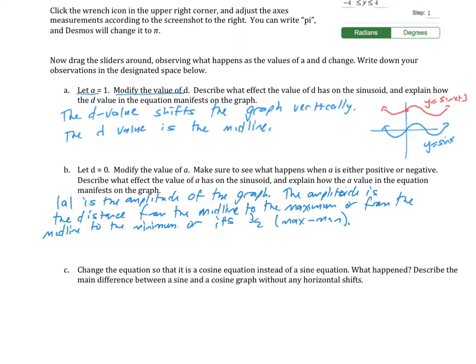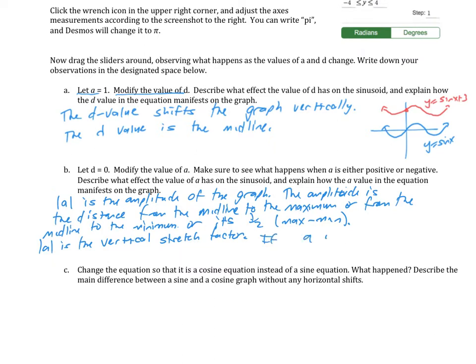Okay. The absolute value of A is the vertical stretch factor. So if A, let's say, is 3, the graph is stretched vertically by a factor of 3. If A is 1/2, it's shrunk vertically by a factor of 1/2.